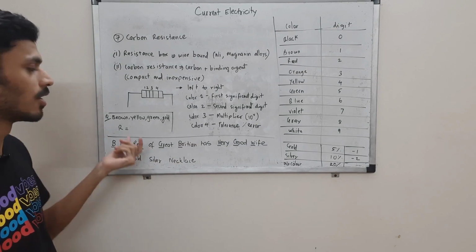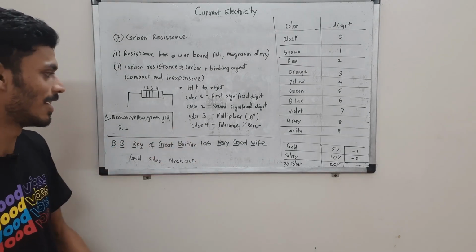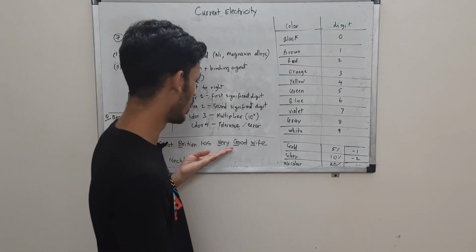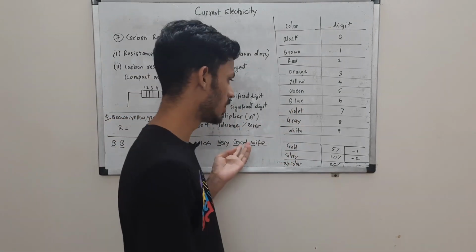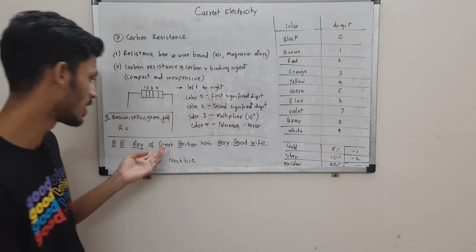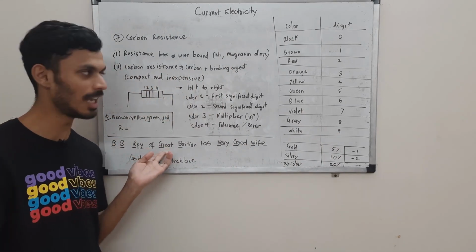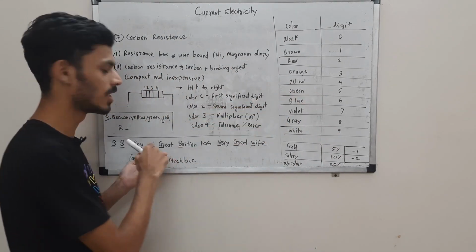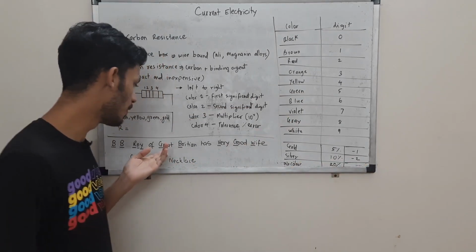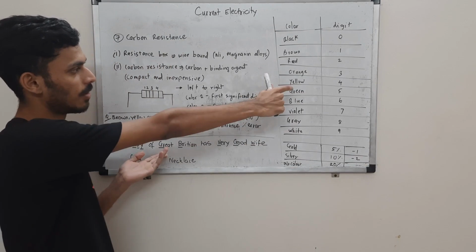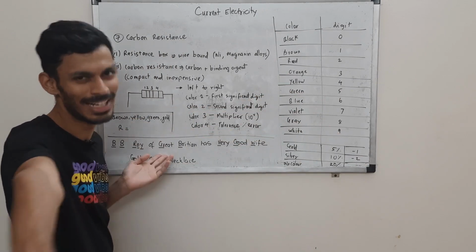Don't search for a color for 'of' and 'has'. So leave them out. Very good wife: V for violet, G for grey. Now this first GR is for green, 5. First G is for green, second G is for grey, or you can directly remember GR of great, so that you can link it with green. Don't link it with grey.